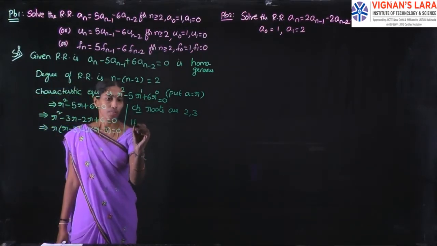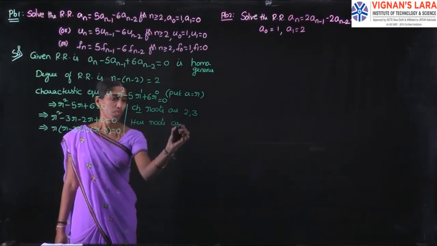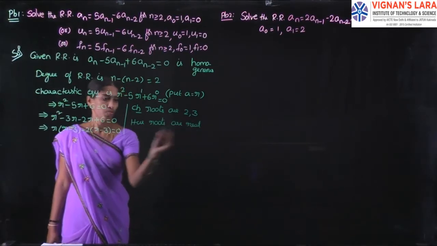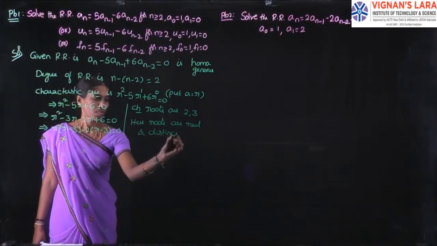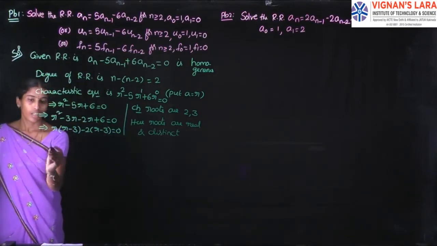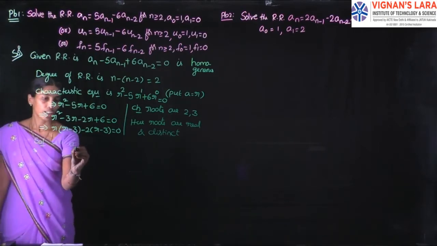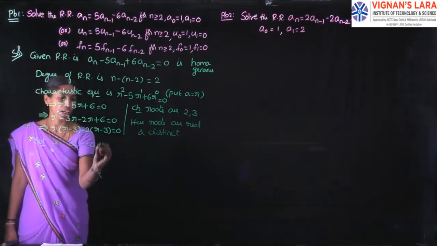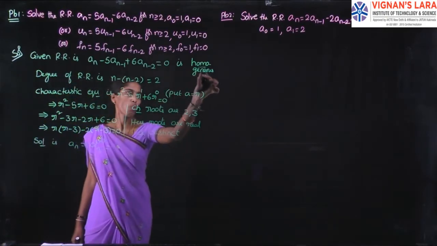So here roots are real and distinct, right? Roots are real and distinct. So solution is an is equal to an of h because given recurrence relation is homogeneous.